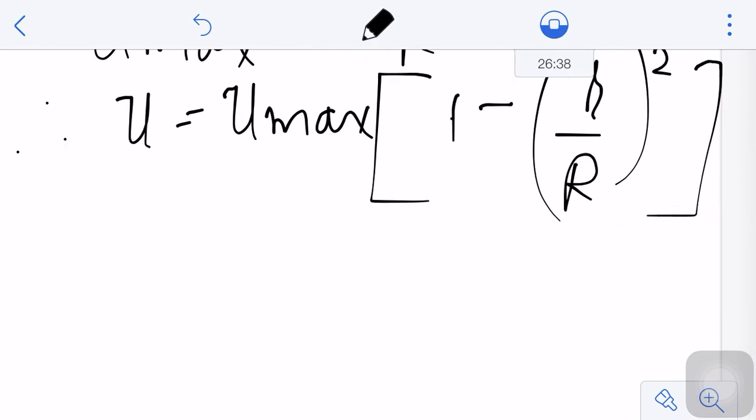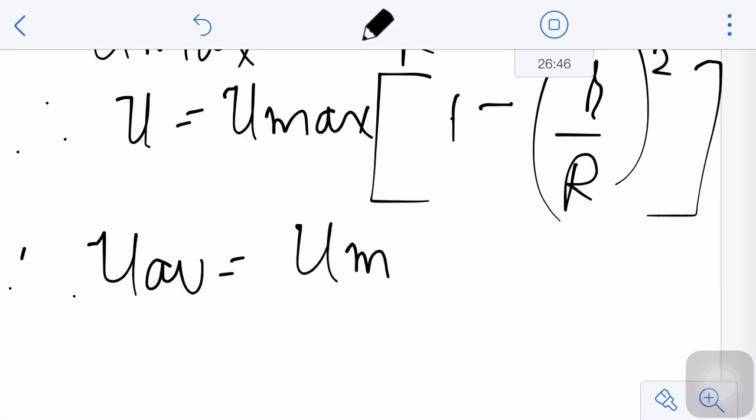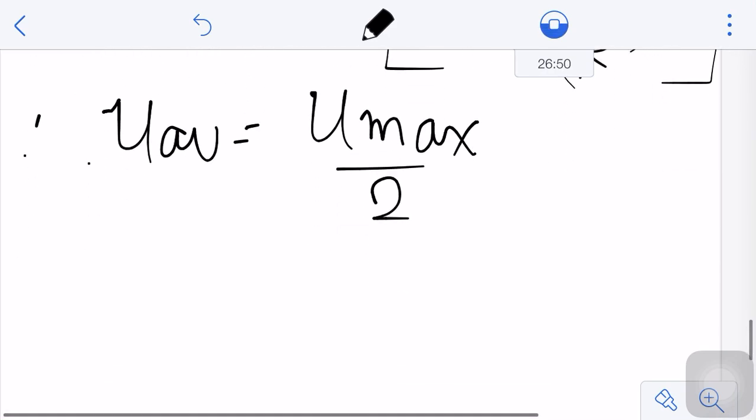Also we can use this relation between the average velocity and maximum velocity, which says that u average is equal to u max divided by 2, or in other words, u max is 2 times the average velocity.